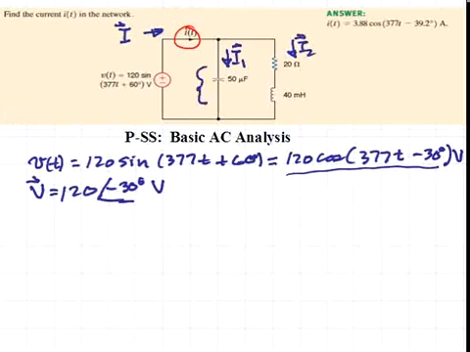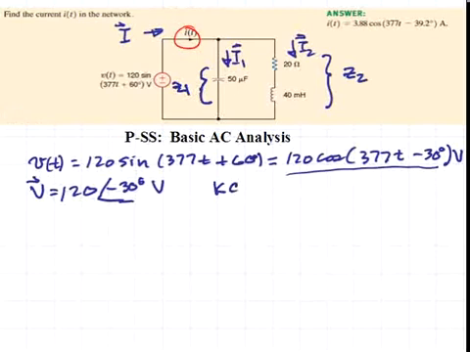We'll refer to the impedance of the capacitor as Z1, and the impedance of the series combination of resistor and inductor as Z2.